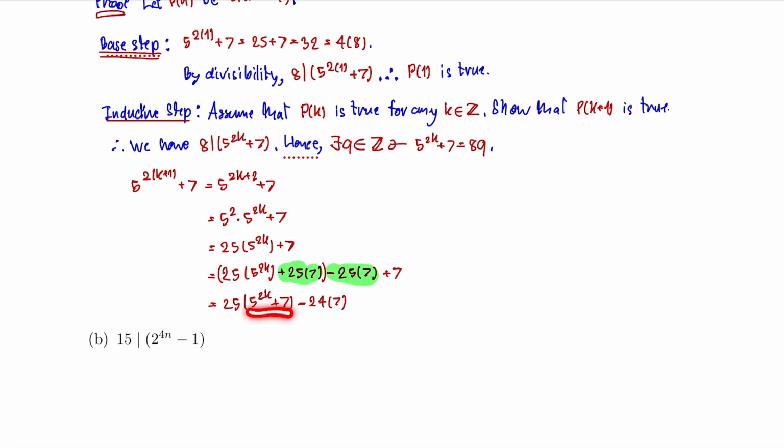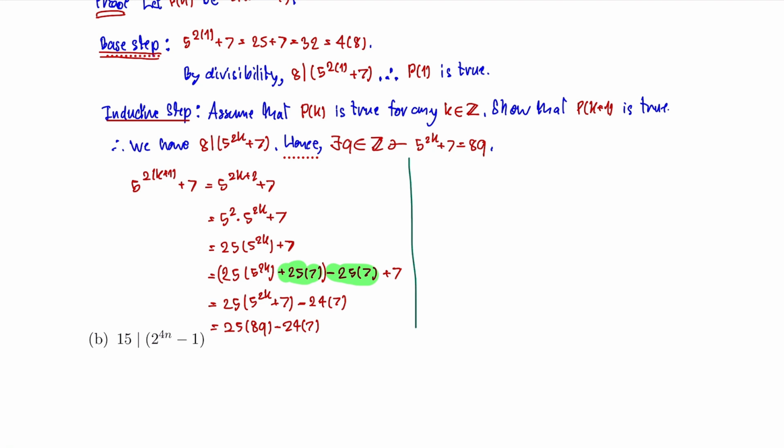And what is this term? 8q. Since P(k) is true, this term has a factor of 8, so it turns out to be 25 times 8q minus 24 times 7.